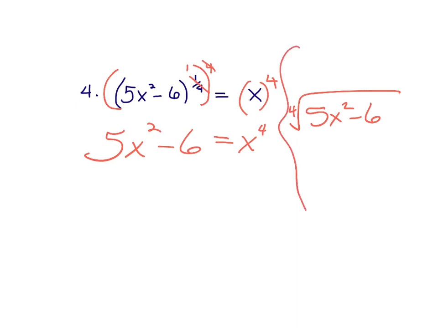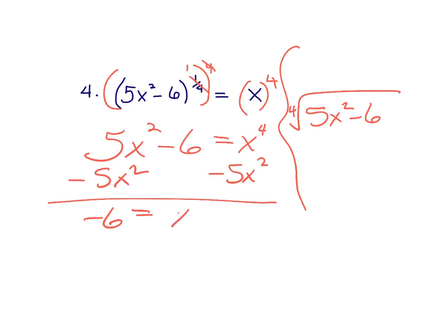I now need to put this into a standard form that I can factor. So I'm going to move the 5x squared over, because I'm going to try to keep my large exponent positive. X to the 4th minus 5x squared, add the 6.